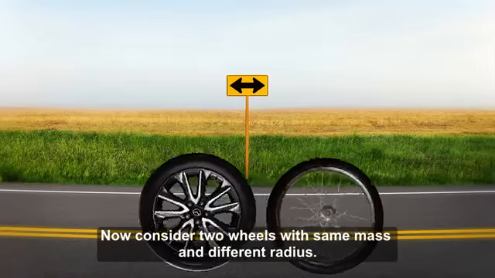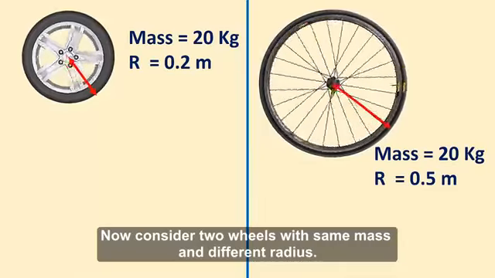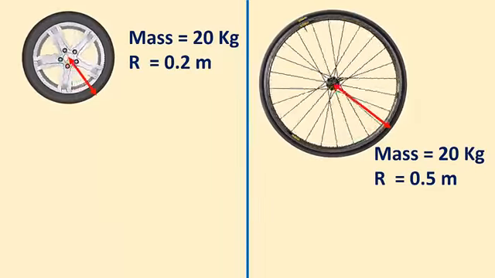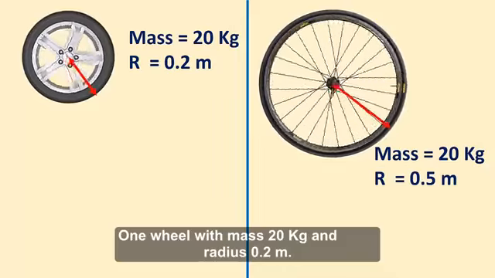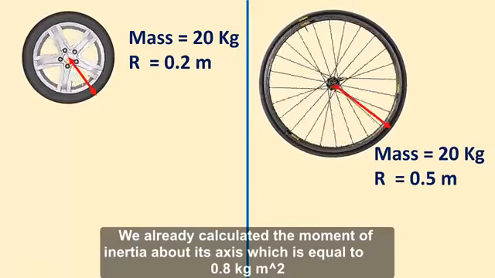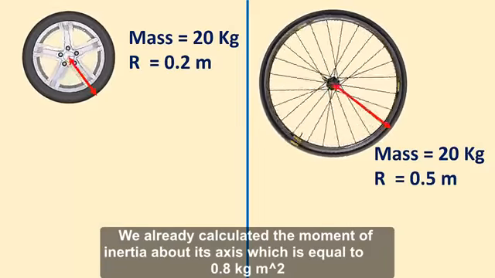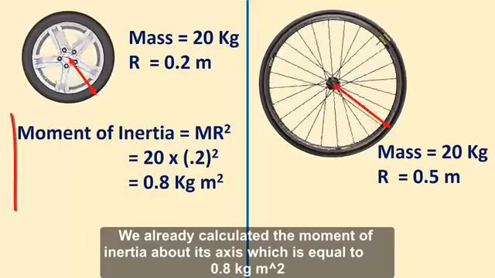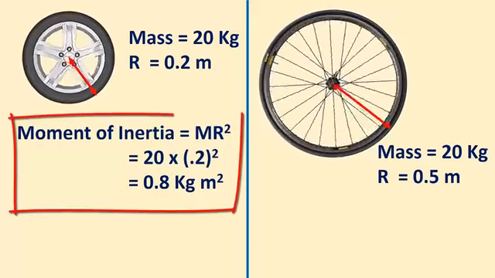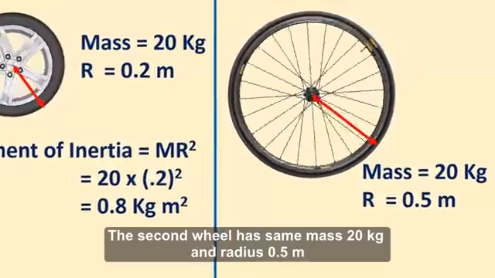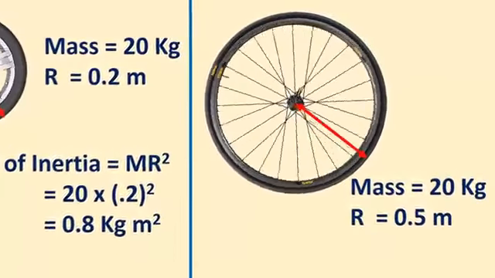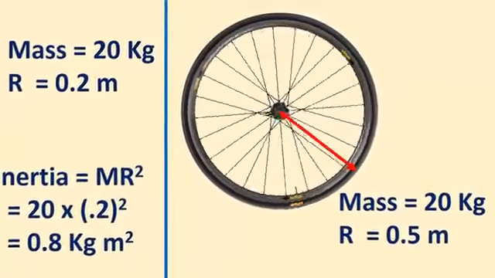Now, consider two wheels with the same mass and different radius. One wheel has mass 20 kg and radius 0.2 meter. We already calculated the moment of inertia about its axis, which is equal to 0.8 kg·m². Now, let us take the second wheel, which has the same mass 20 kg and radius 0.5 meter.